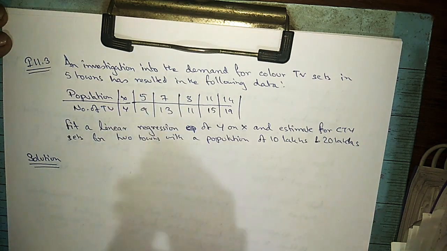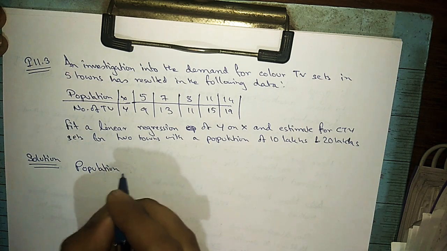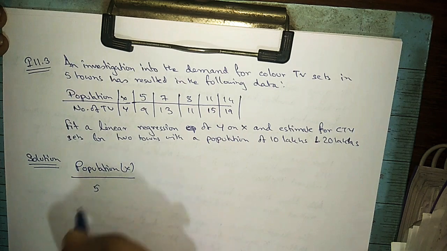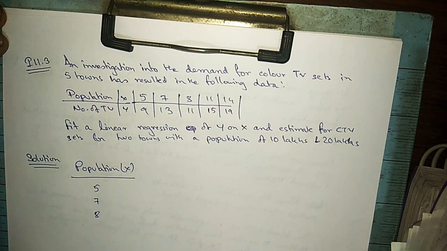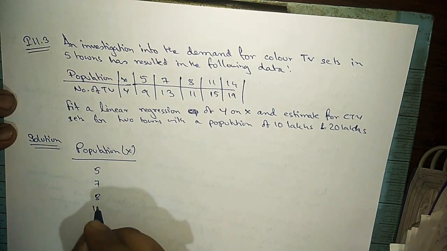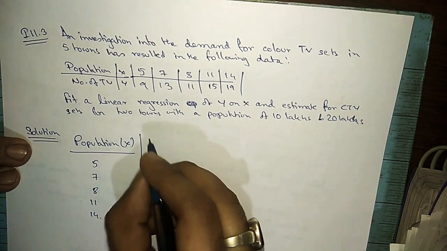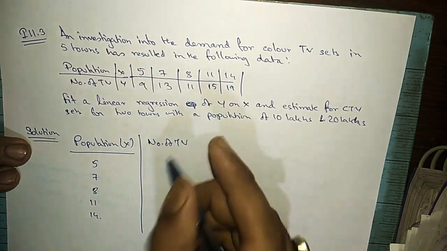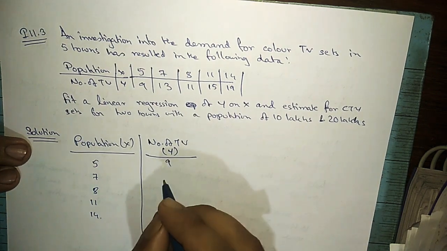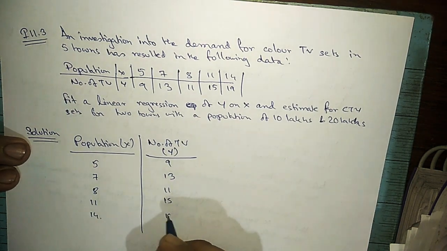Put the values in the form of a table. First, population: 5, 7, 8, 11, 14. Number of TV, which is y: 9, 13, 11, 15, 19.